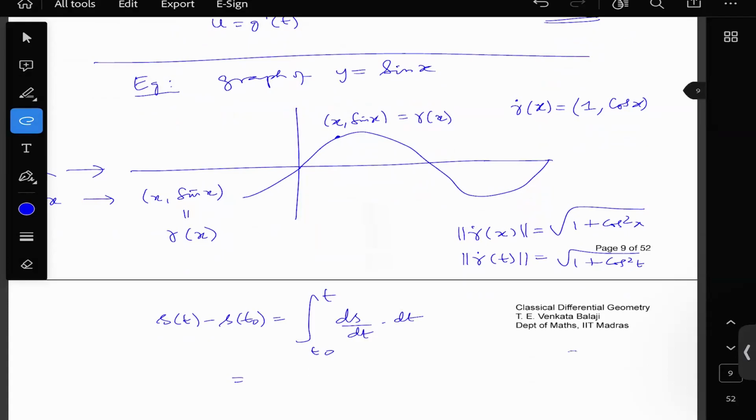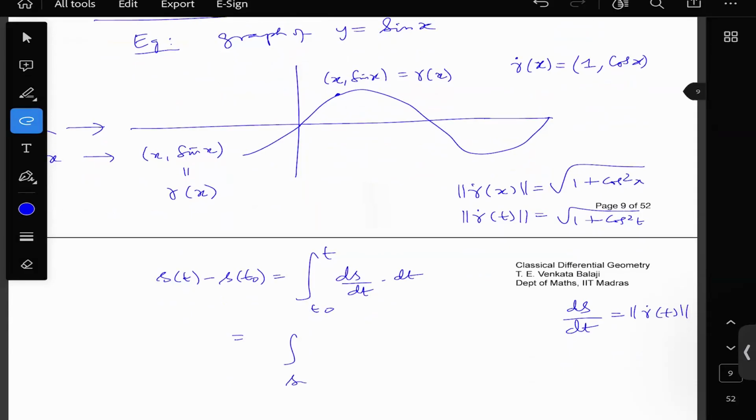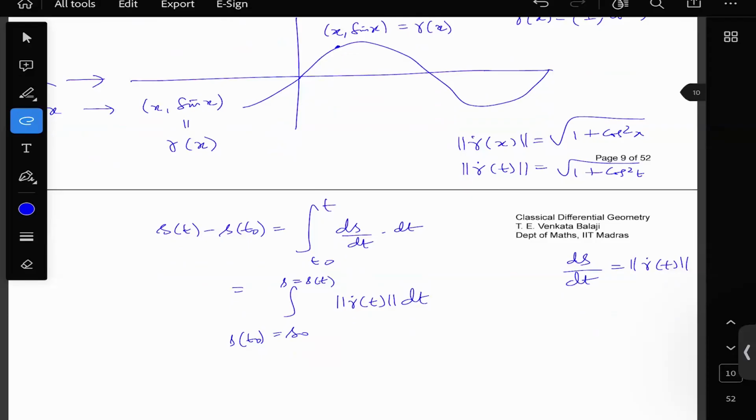But ds by dt is norm gamma dot of t. So basically this is the integral from s naught, which is s of t naught, to s, which is s of t, of ds by dt, which is norm gamma dot of t, dt. And then what is norm gamma dot? I have to integrate from t naught to t.